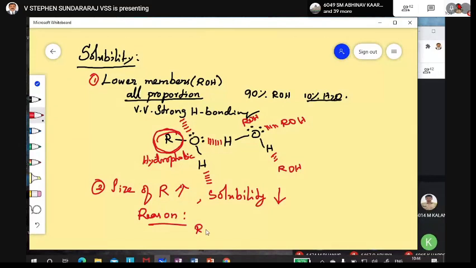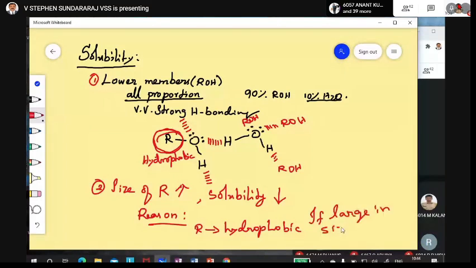R is hydrophobic, and therefore if large in size, they will block a lot of area for the approach of water, the three-dimensional region, when the size is increasing. So size small means solubility high, size bigger means solubility low.